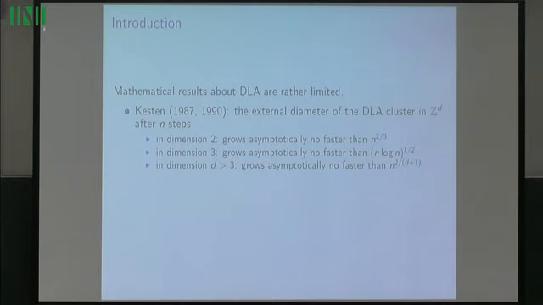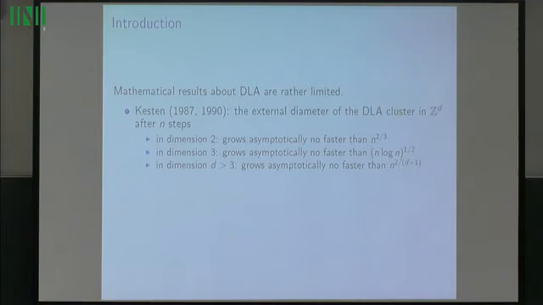But if you actually look at what's been proven rigorously mathematically about this process, the results are quite limited. So there was a famous result of Kesten, where he looks at the external diameter of the DLA cluster after n steps. That just means the maximal distance between two points in the cluster, where I'm measuring distance in the ambient graph.